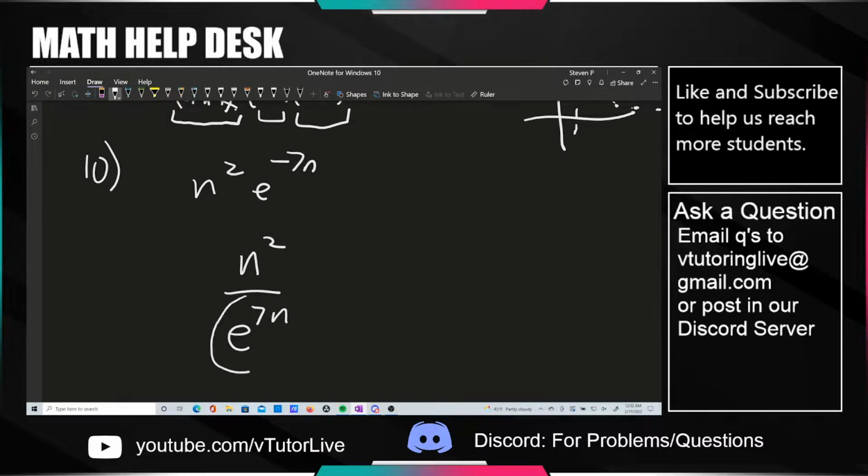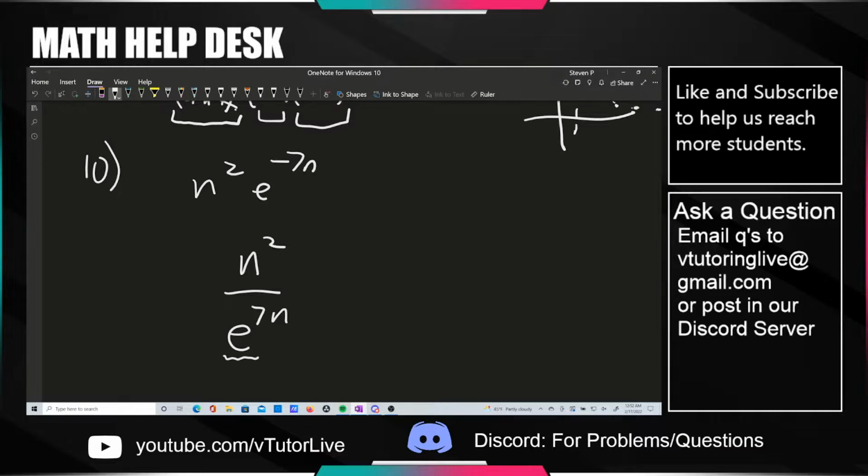But exponentials grow so much faster than polynomials. If you want to plug it into Wolfram Alpha or Desmos or a graphing calculator, you can easily see for yourself that exponentials grow so much faster than any polynomial. Any exponent with base greater than 1 is going to grow much faster than any polynomial.